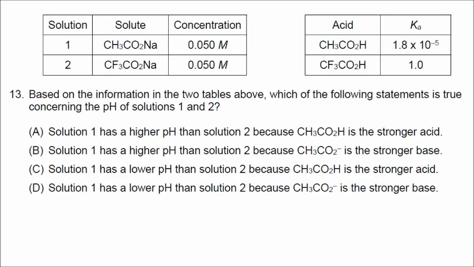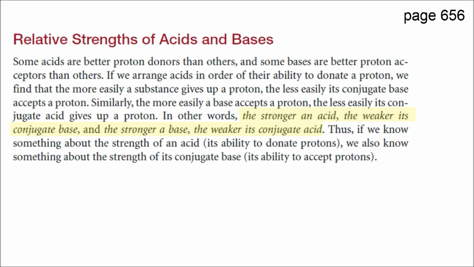In number 13, on the right side of the screen, we can see there are 2 acids whose Ka values are known. On the left side of the screen, we see the conjugate bases of these acids in the form of sodium salts. So on page 656, it says the stronger an acid is, the weaker its conjugate base is.